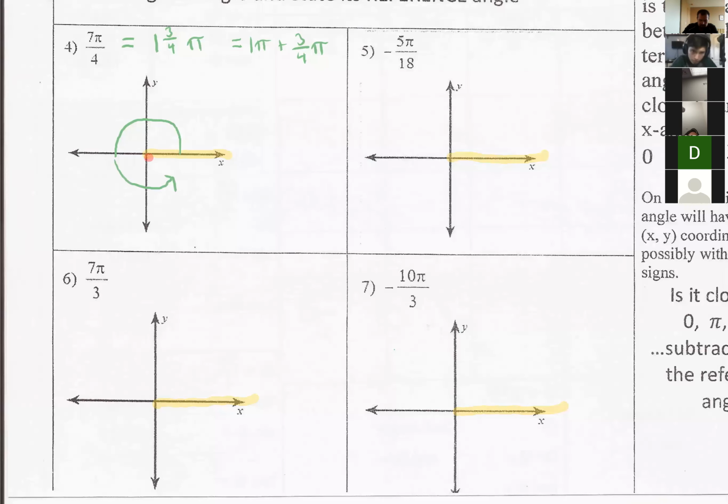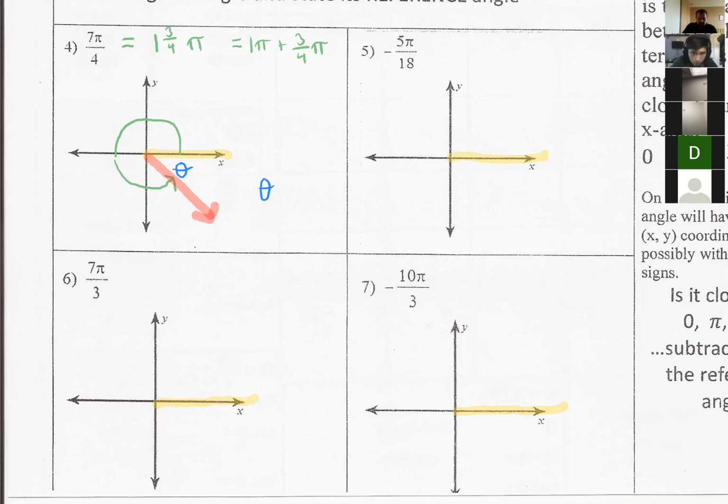So theta here is going to be the angle formed using the x-axis side and the terminal side. If you have 3/4 of a pi, aren't you missing 1/4 of a pi?